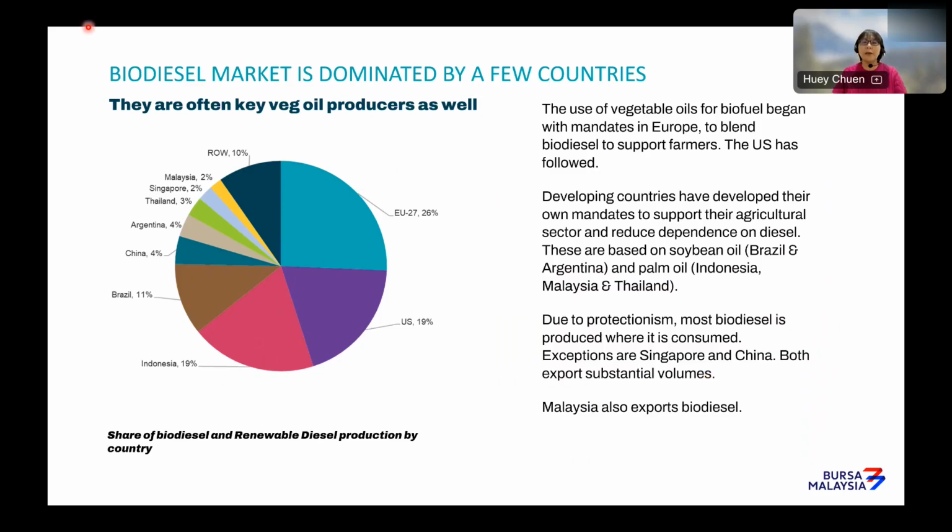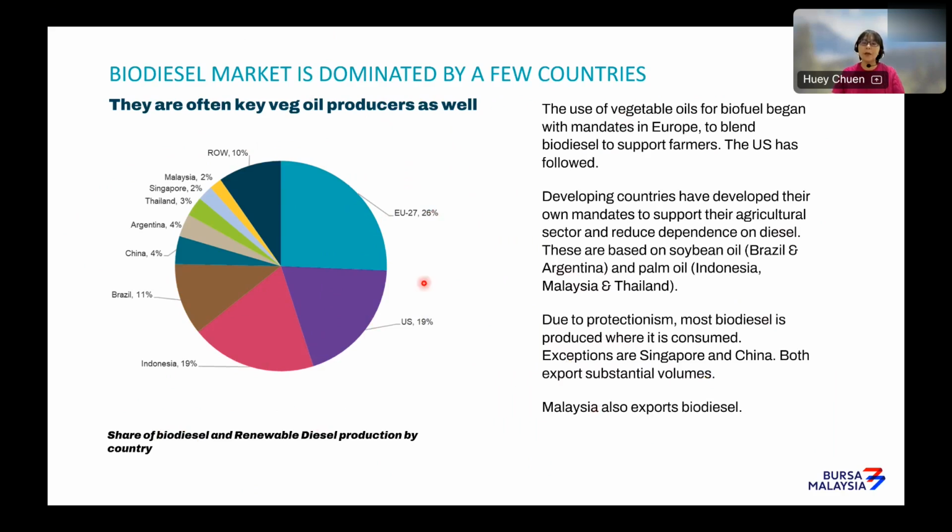And the biodiesel, as I mentioned, biodiesel is the main driver for veg oil. You look at it, this is for the whole world, the vegetable oil for the biodiesel market. So Indonesia is about 19%, EU is about 26%, and US is about 19%. And if you look at all these markets, very interestingly, most of the countries that maintain biodiesel are usually also the largest veg oil producers.